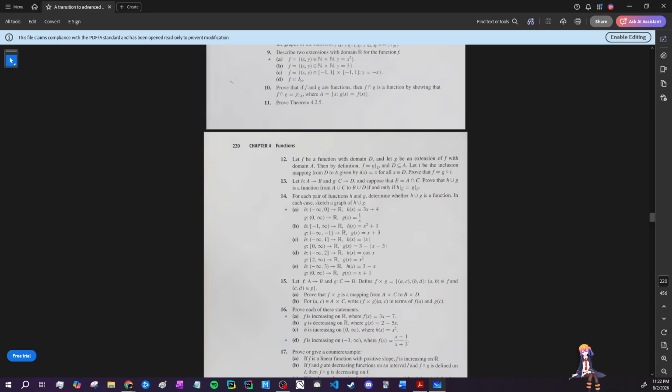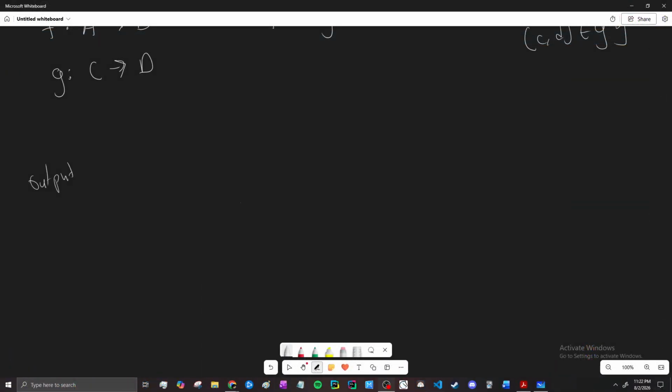So prove that, this is the input we're given, and the output they want is, let me see, okay, so the function.